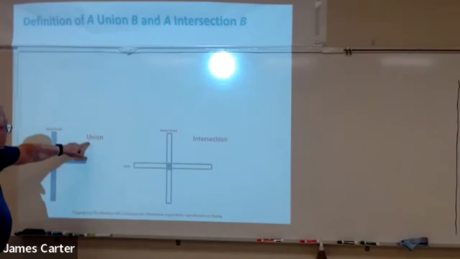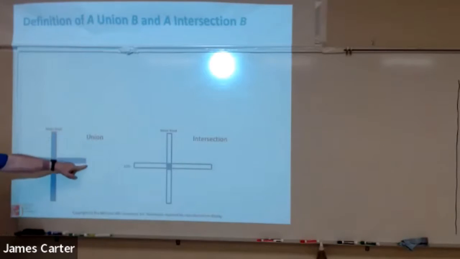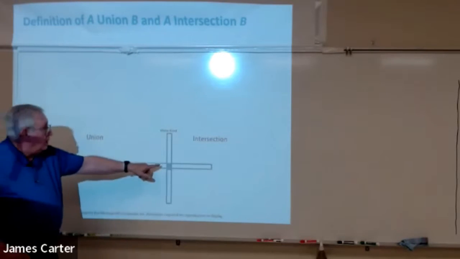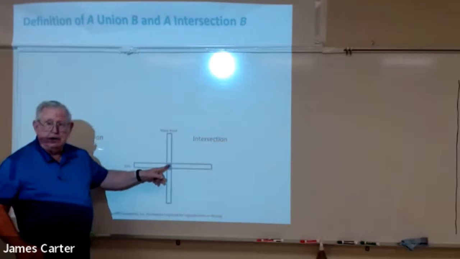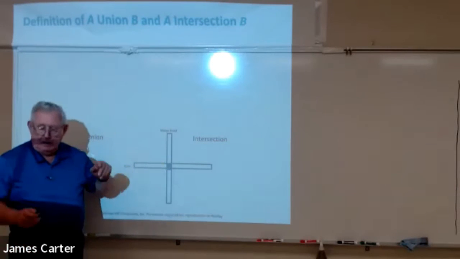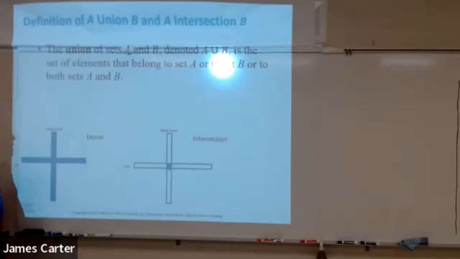Union on the other side is anything that's in either one of them. Okay? This one is exclusive, this one is inclusive. This can be anything in either one of them. This one can only be the part they share in common. Okay?